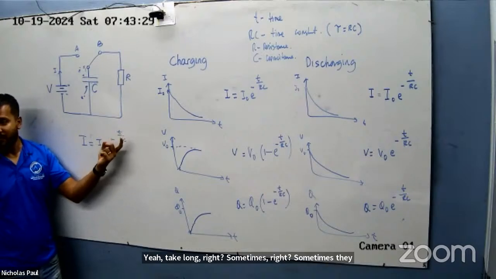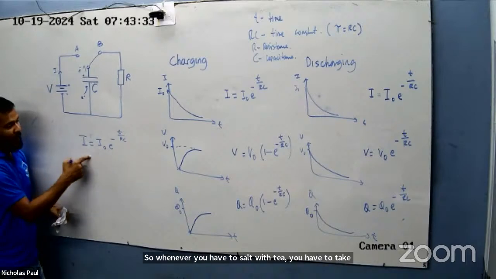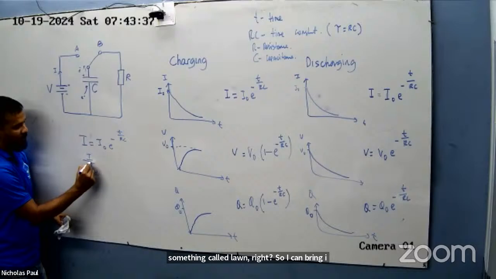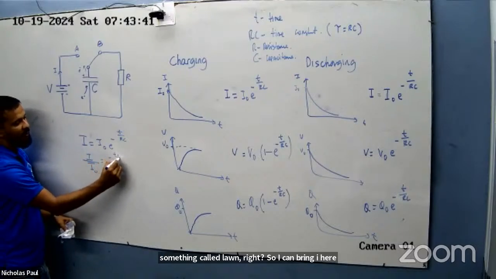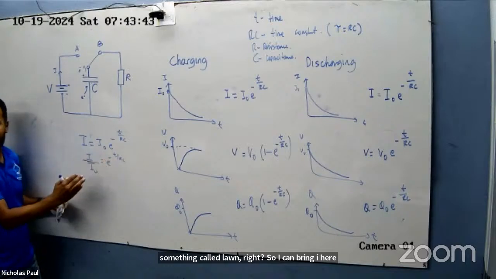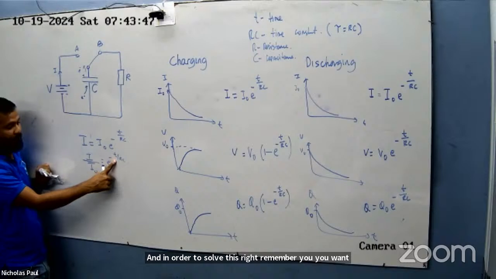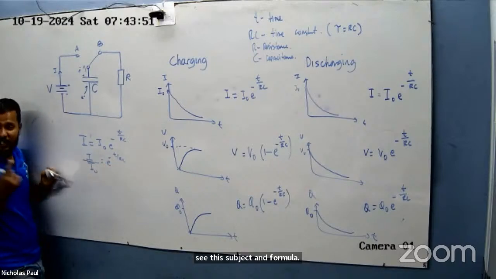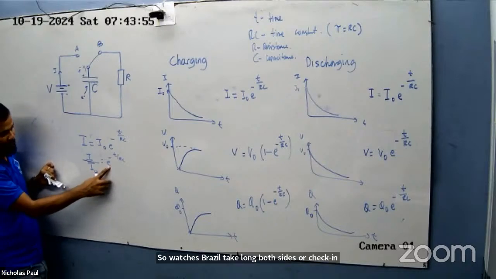So whenever you have to solve for t, you have to take something called ln. I can bring the I naught on this side. Remember, you want to make t the subject of the formula. So you take ln on both sides, or check a calculator and you'll see the inverse of E is ln.